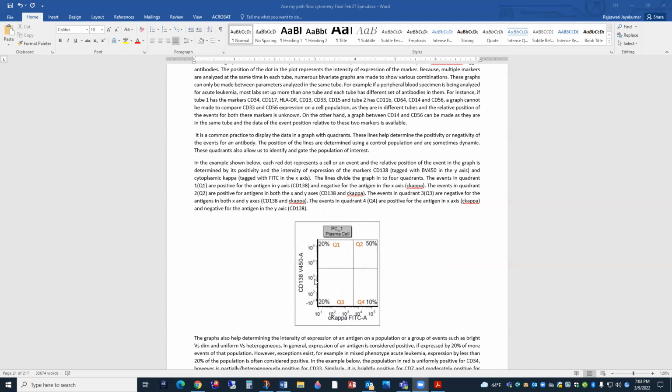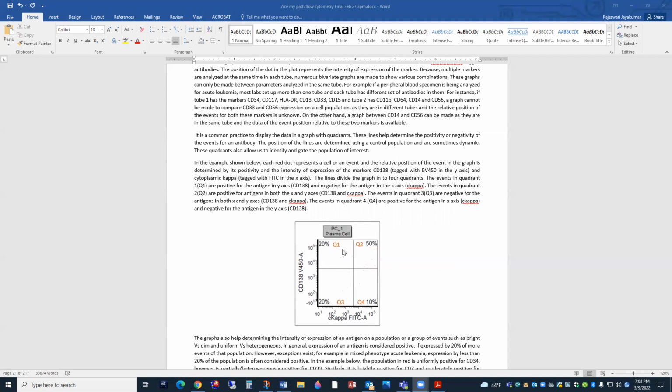So we have 4 quadrants here, with the x-axis labeled with one fluorochrome and antibody, and the y-axis labeled with one antibody and fluorochrome. If an event sits here, like these dots, it means that it is positive for the marker on the y-axis, for example CD138, but negative for kappa.